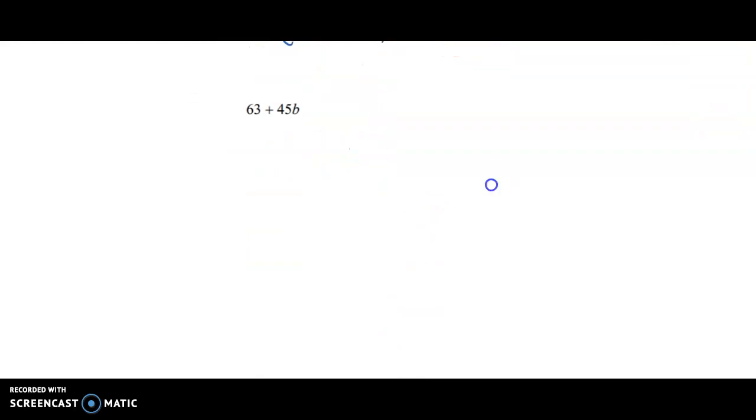Example 3. Pause, write the original. We check for greatest common factor first. This definitely is, because 63 and 45 are both divisible by 9. Take out a 9. Great, that takes care of the numbers, but wait.